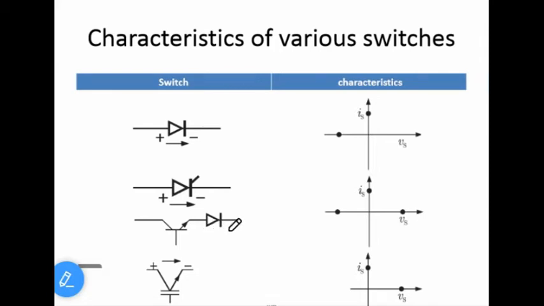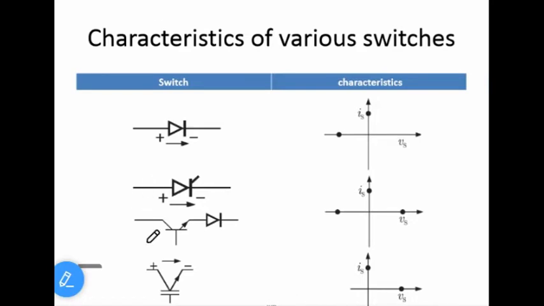The voltage across the diode is 0. So the net voltage, which is the voltage across the BJT plus the voltage across the diode, is 0. And current will be passing through the switch combination, and this current will be equal to the load current. Therefore, we will be getting the characteristics on the positive y-axis like this.